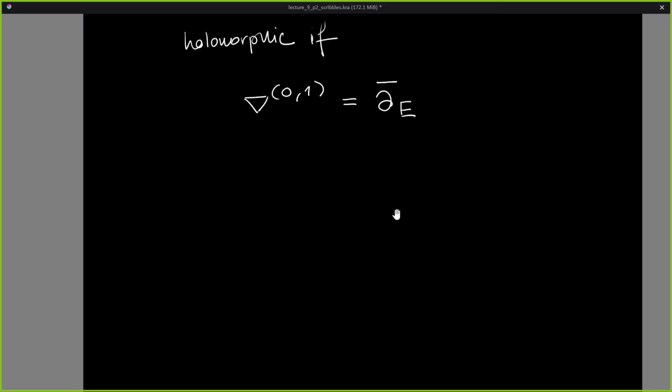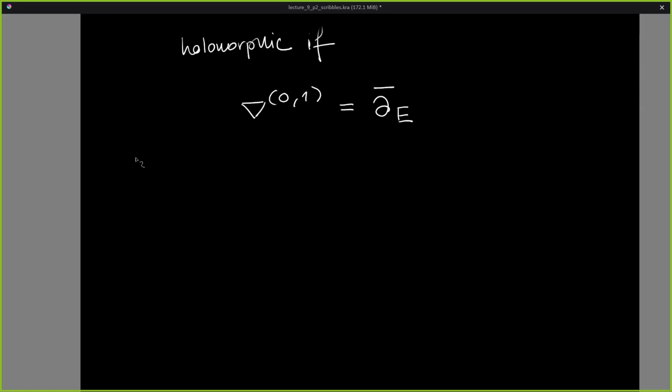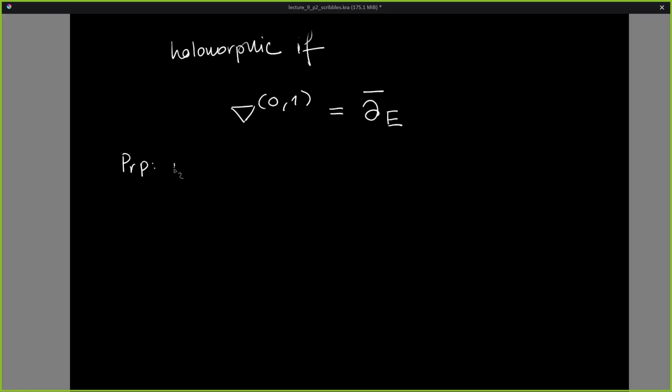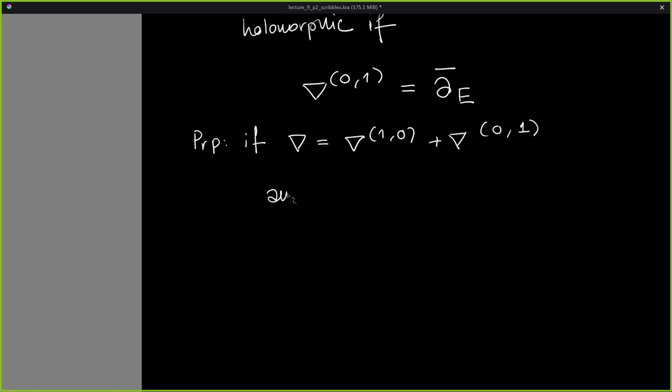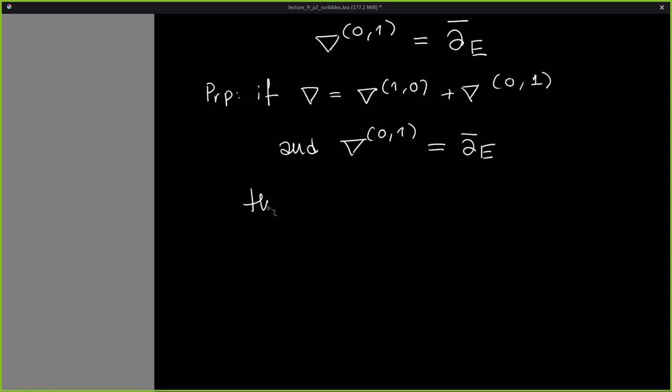So here we go. Let's say that, proposition, if nabla is equal to nabla 1 0 plus nabla 0 1, and nabla 0 1 specifically is equal to partial bar E, then nabla X of S is equal to 0.